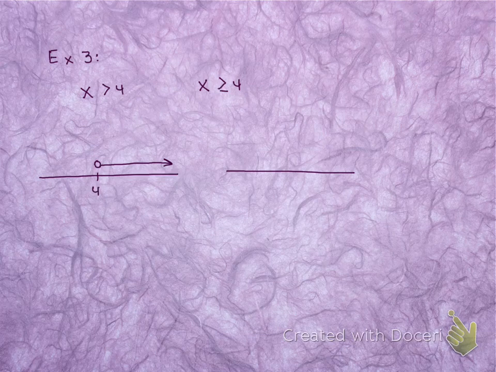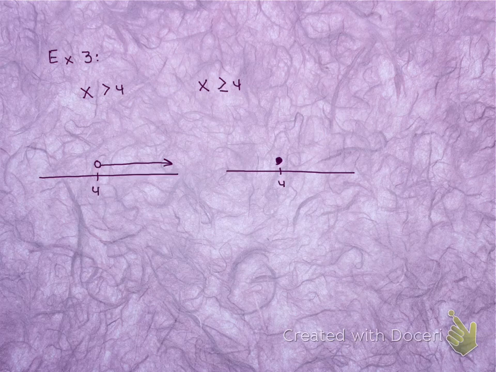Okay, so let's look at x is greater than or equal to 4. Same idea. The only number I need is 4. And I'm going to put my hole above there. Because of the line under the inequality, this time it is going to be colored in, meaning the solution set includes the number 4.